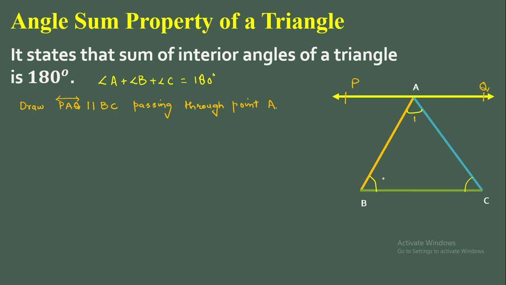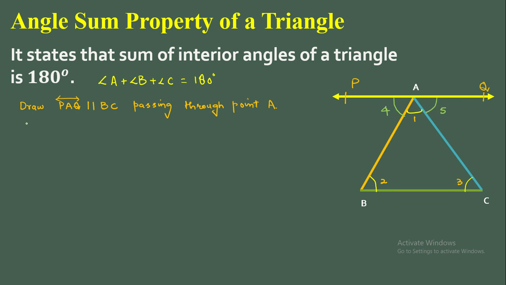For example, it is 1, it is 2, it's 3. Now this parallel line forms two more angles. Let's name this one as 4 and here as 5.